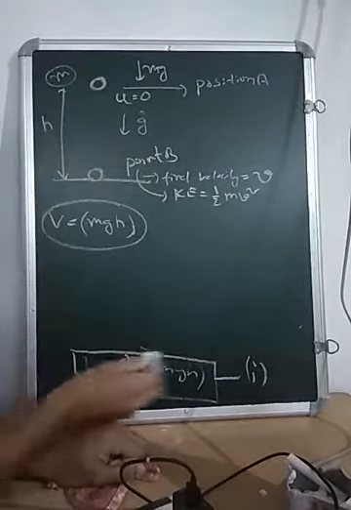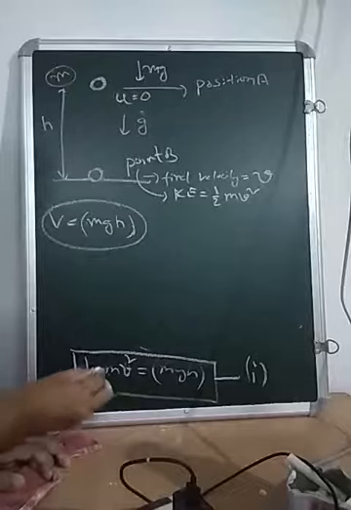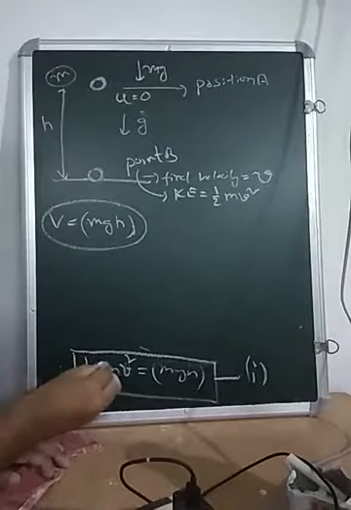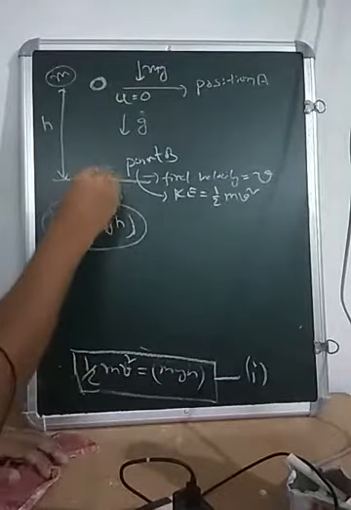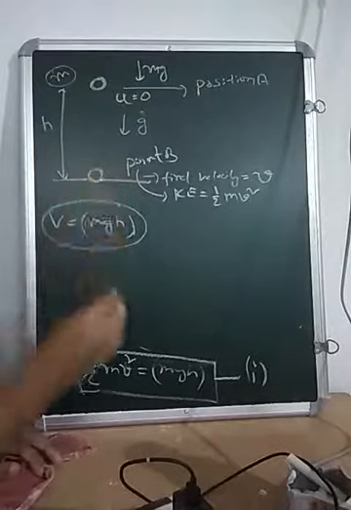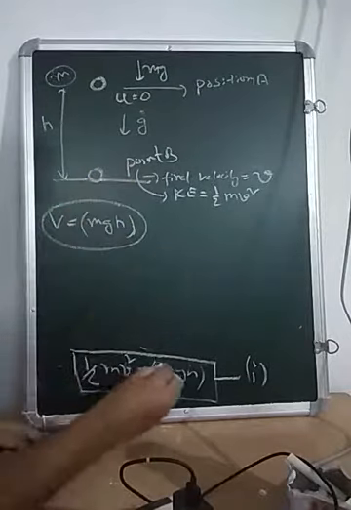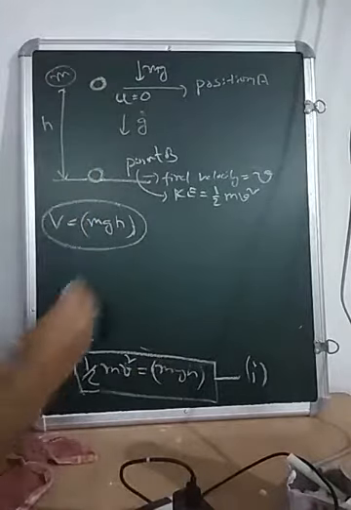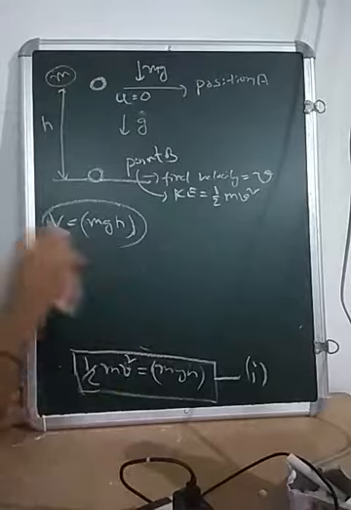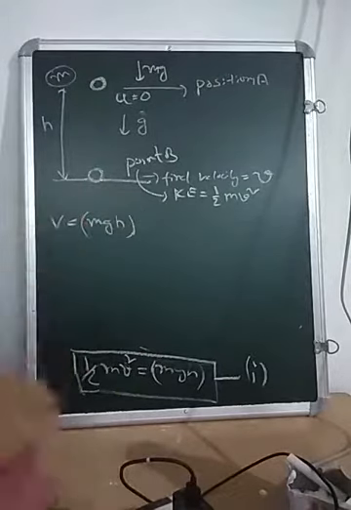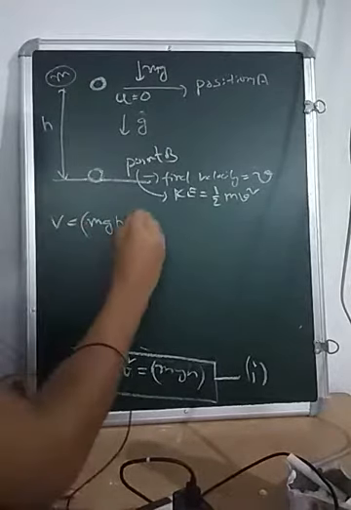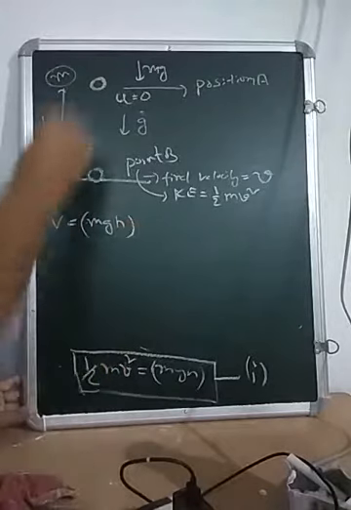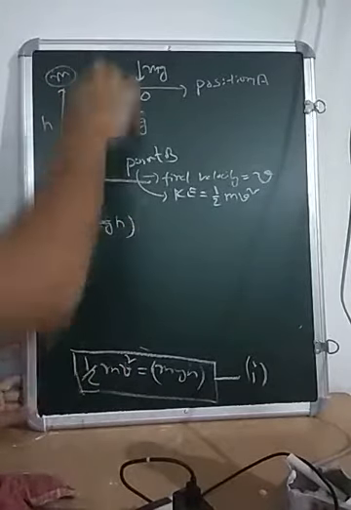And thirdly, half of m v square, the kinetic energy at point B, is equal to m g h, the potential energy at point A. So from here you can see how energy is conserved in this system.